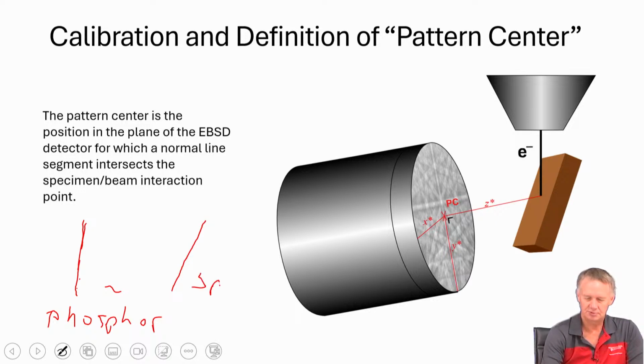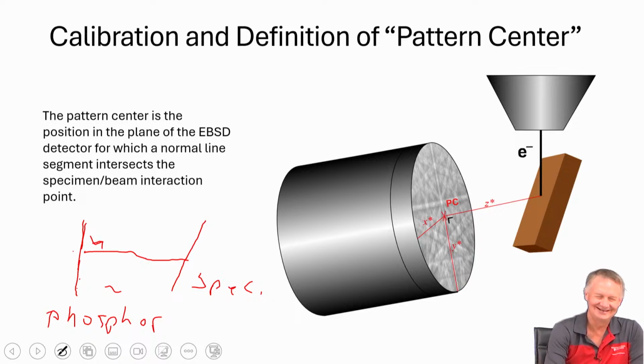This is specimen. Okay, so the beam hits, we have this position, whoops, that's just supposed to be a line. Maybe I should have used this one where it's more stable.